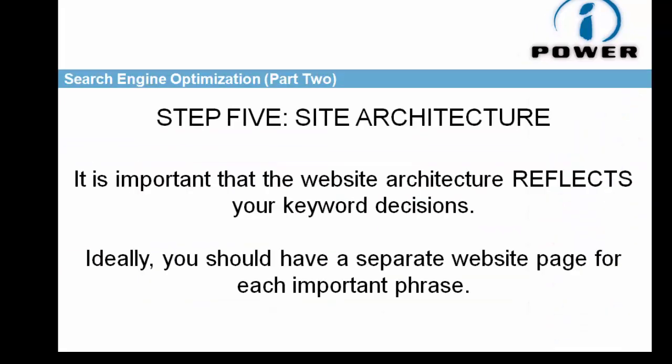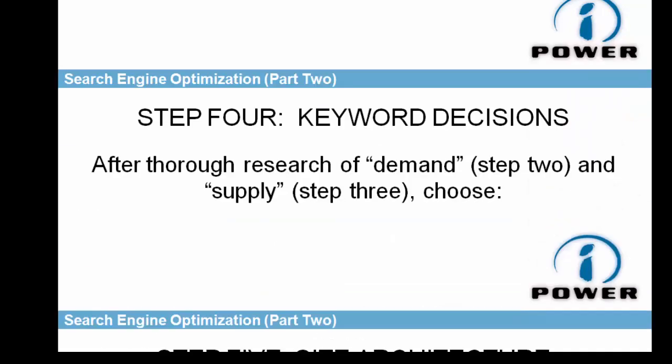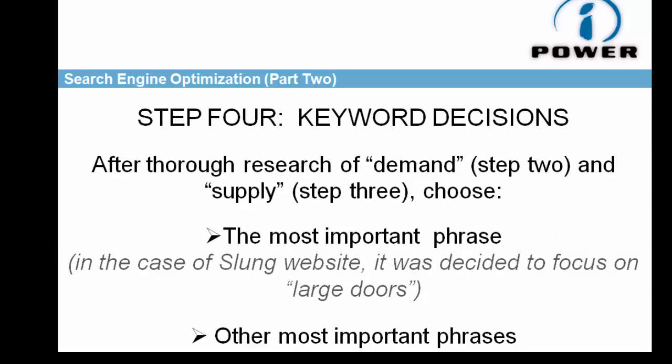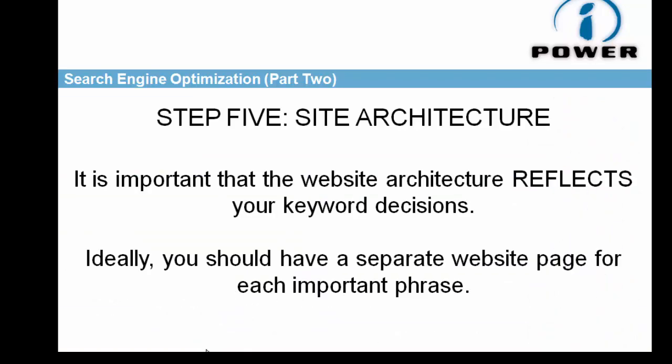So we moved on to step 5, which is site architecture. We have to decide what this whole website will consist of, what the future sitemap is. But keep in mind, it is important that the website architecture reflects your keyword decisions. In other words, this discussion about important phrases has to determine the future structure of the site.